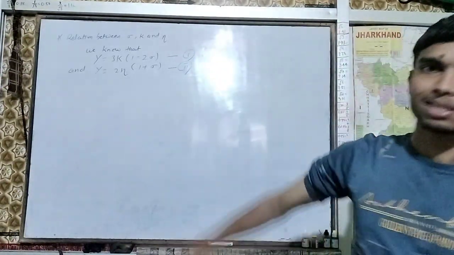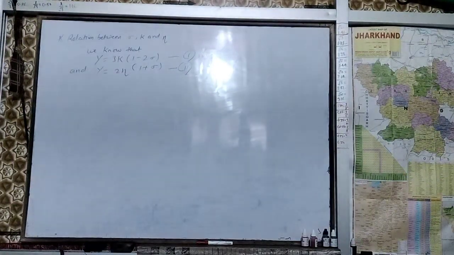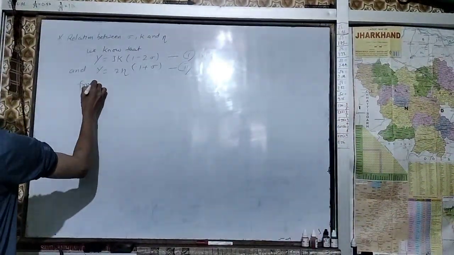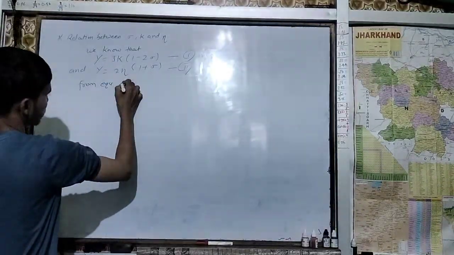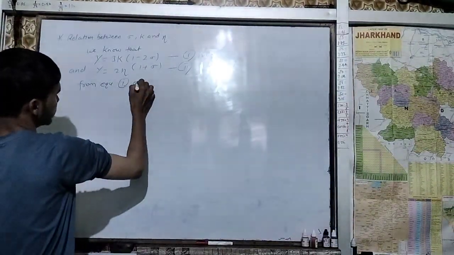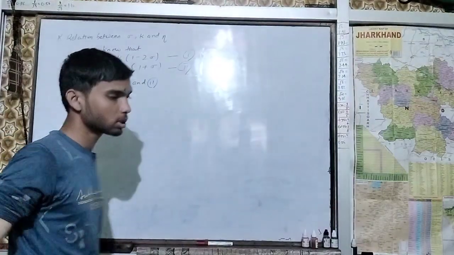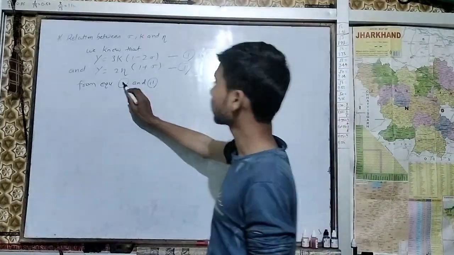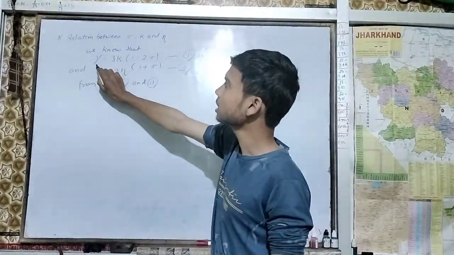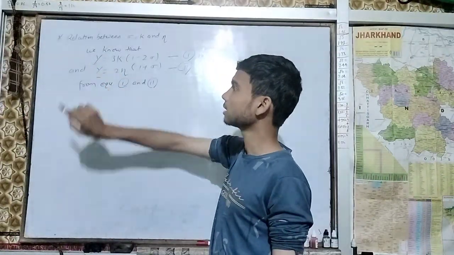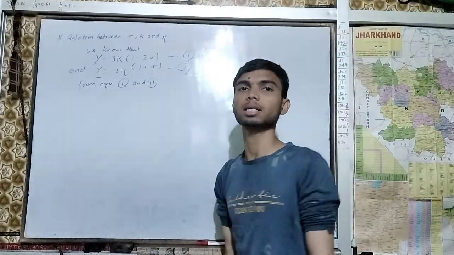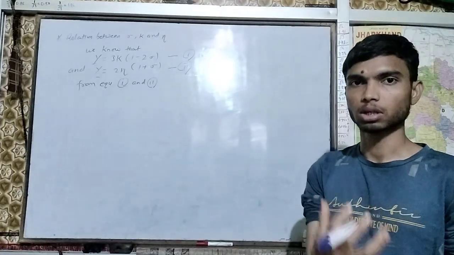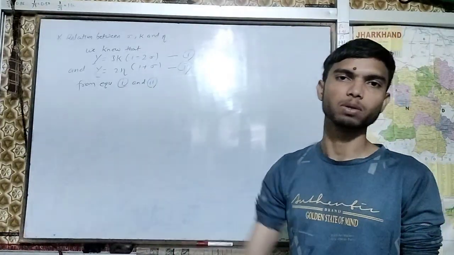Now this is one equation and the second equation is in front of you. From equations number 1 and 2, see that on one side both are the same, Young's modulus, so they will cancel each other.